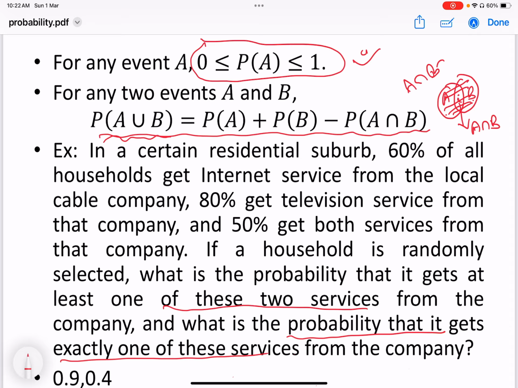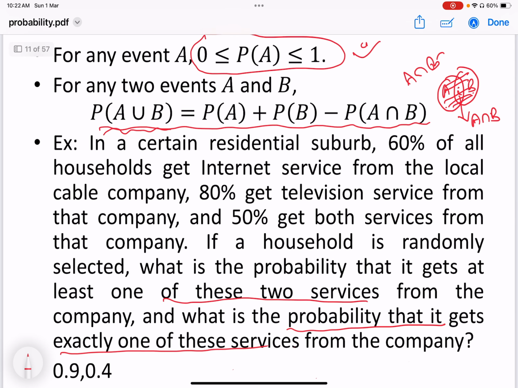In a certain residential suburb, 60% of all households get internet service from the local cable company. 80% get television service from that company and 50% get both services from that company.